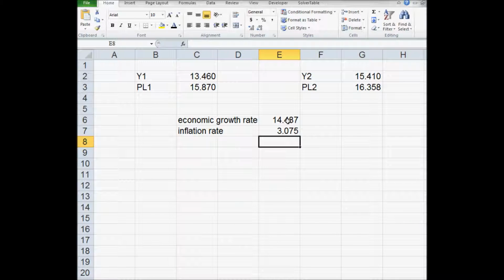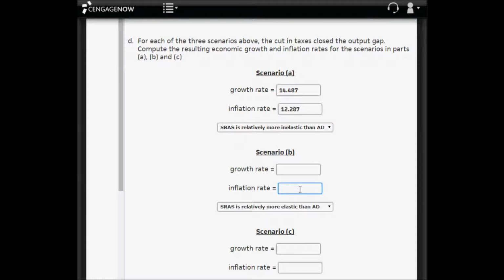So the economic growth rate is the same as it was in scenario A, but the inflation rate has dropped to 3.075. So as the short-run aggregate supply curve gets more elastic, the inflation rate is coming down.